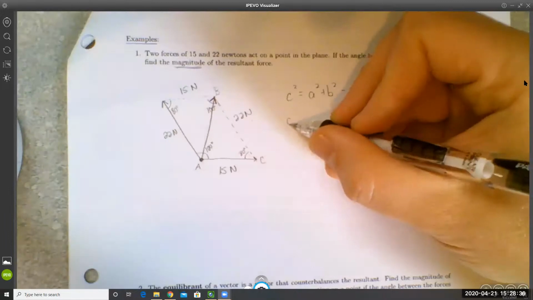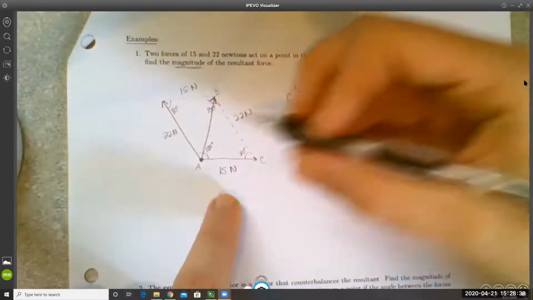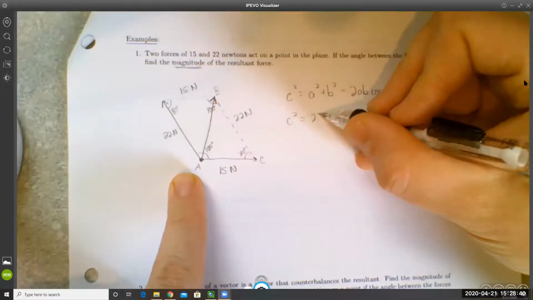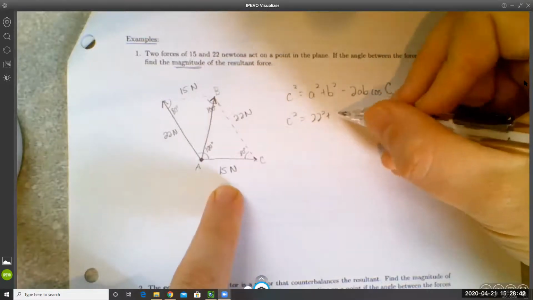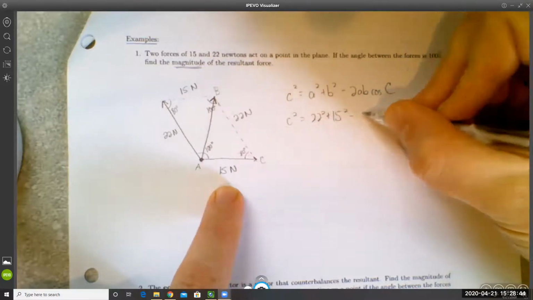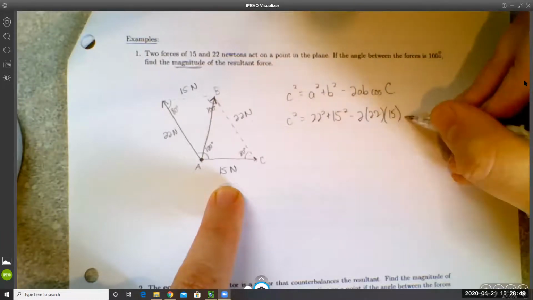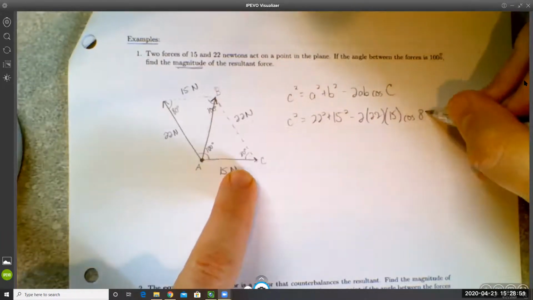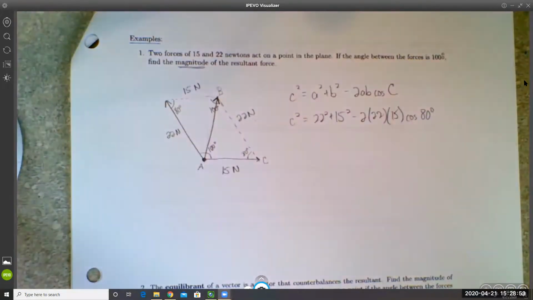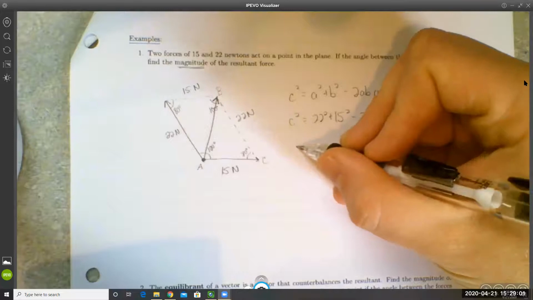In other words, C squared is A squared plus B squared minus 2 times A times B times cosine of C. I'm just going to punch all that into my calculator. Actually, I'll take the square root as I go.